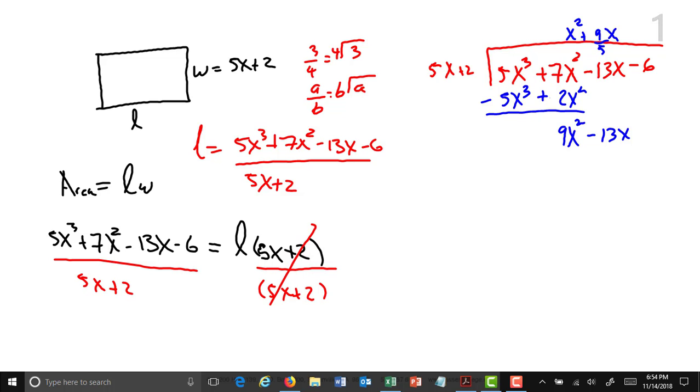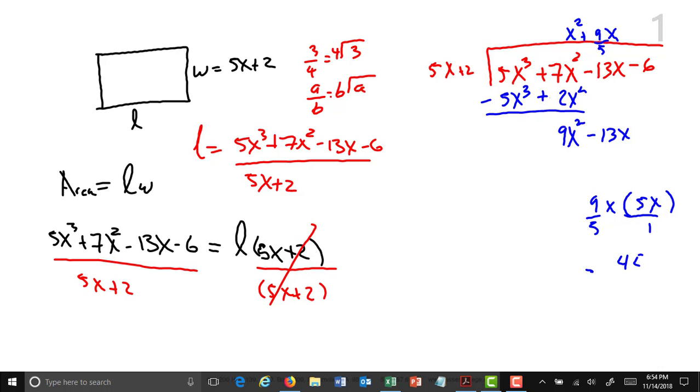Why? Because if I take this times 9/5, notice the 5s will divide out. Look what happens when I take 9/5 x times 5x. What do I have on top? 45?